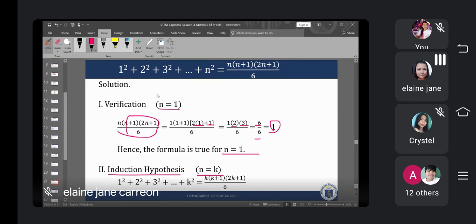So, this is our original formula. Hope you can see that. And then, we let n is equal to k. So, 1 square plus 2 square plus 3 square plus k square is equal to k times the quantity k plus 1 times the quantity 2k plus 1 over 6. So, we will reserve that later.